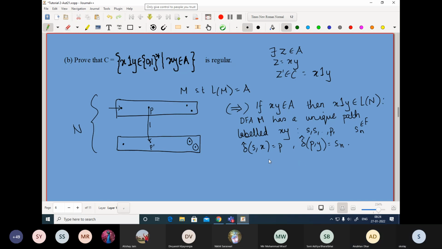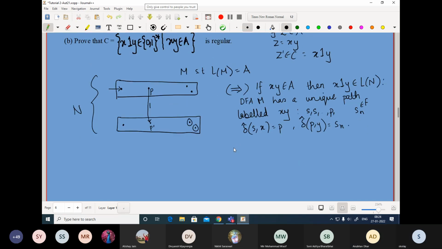Okay? Ma'am, so in the NFA N, the string x1y will have one of its corresponding paths as S to P, followed by P to P dash, and then P dash to Sn. Yeah, I'll say Sn dash.